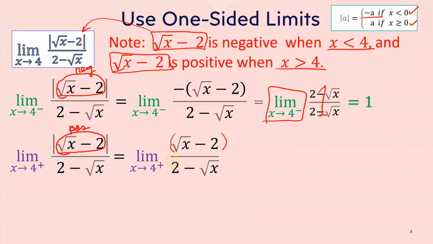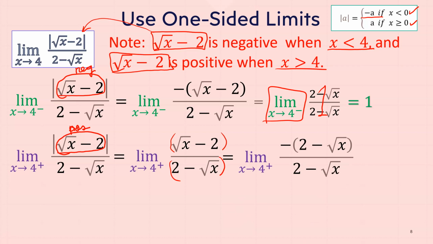Well, that looks like it has the opposite sign of the denominator, right? So technically you should be able to see negative 1, but algebraically what we can show is factoring out a negative. When you factor out a negative, you would have 2 minus square root of x, because when you distribute that in, you get what you started with. So when you divide out the common factor, you will get negative 1.